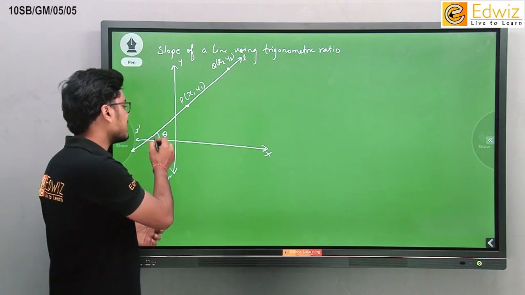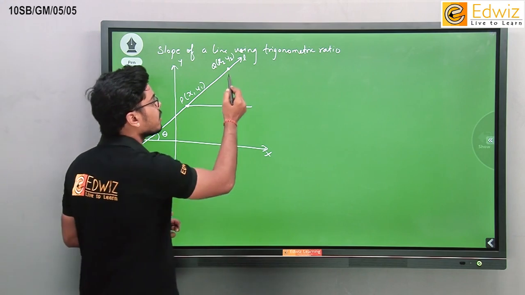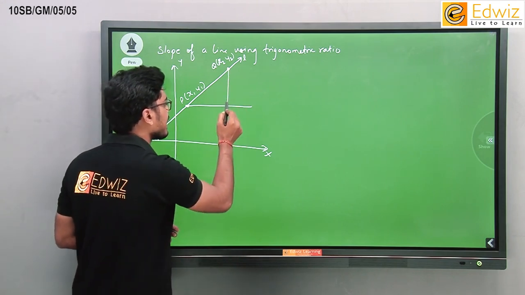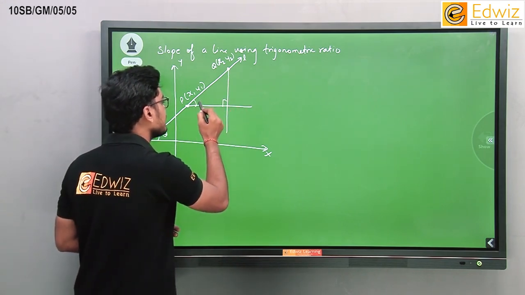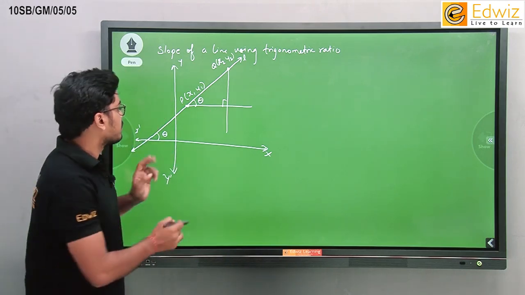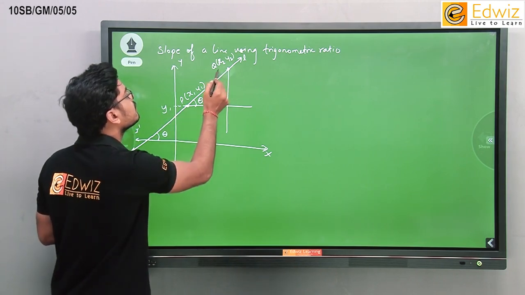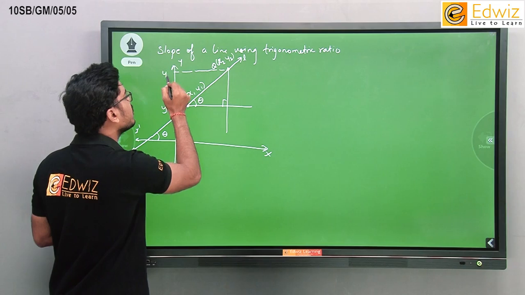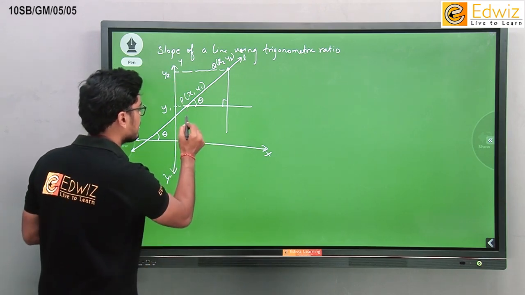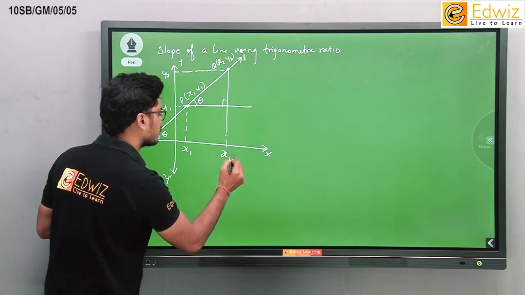If this angle is theta and I draw a line parallel to the x-axis, and this is the right angle triangle, this angle is also going to be theta. If this point is y1 here and y2 here, correct? This is x1 and this is x2.